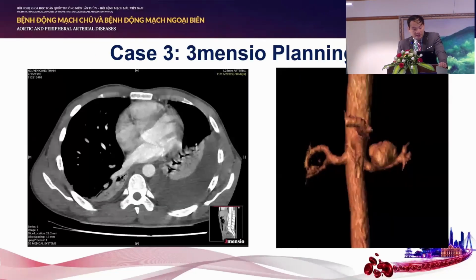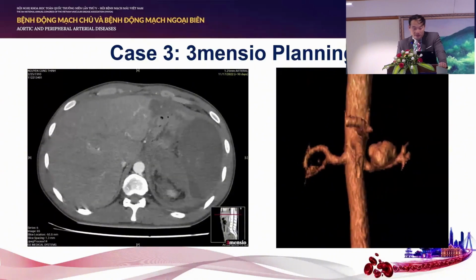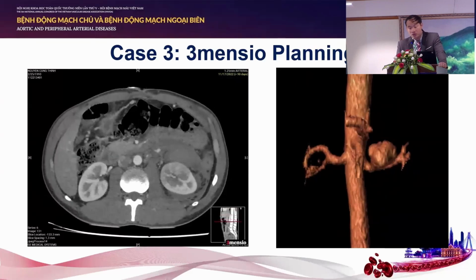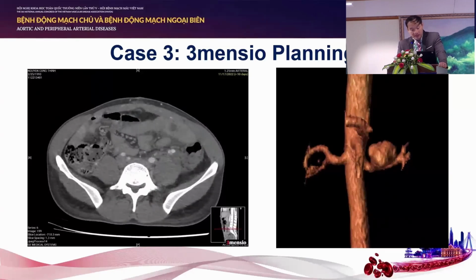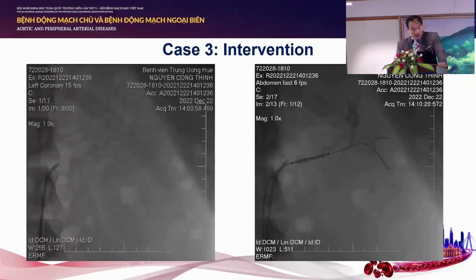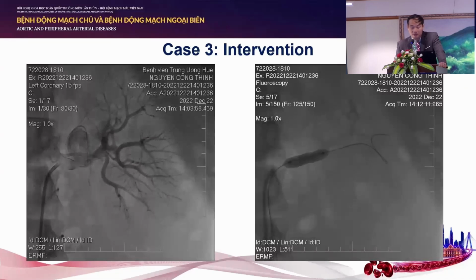It is very difficult for surgery to approach, so we chose the interventional option. We stent it with a covered stent, such as the Bentley in Vietnam, 30 by 23 mm, and check with the angiogram.